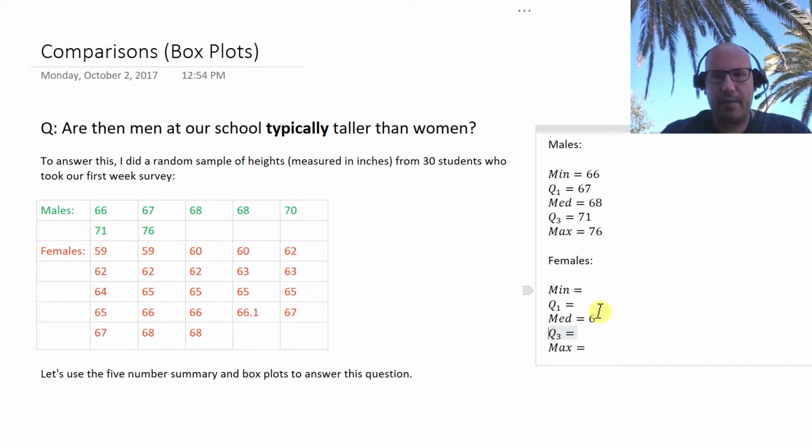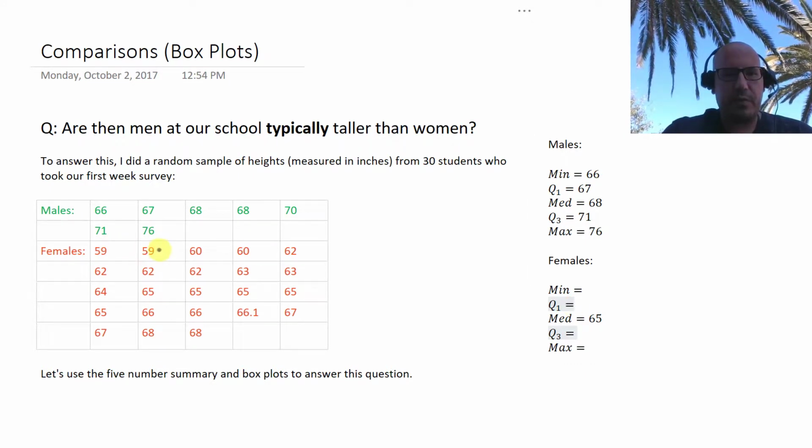I did it again, I've got to figure out what's going on with that. So it equals 65. Then we take the bottom 11 and divide those up. If we divide that in half, we'd have 1, 2, 3, 4, 5, and then 5 above, so it'd be that 62.